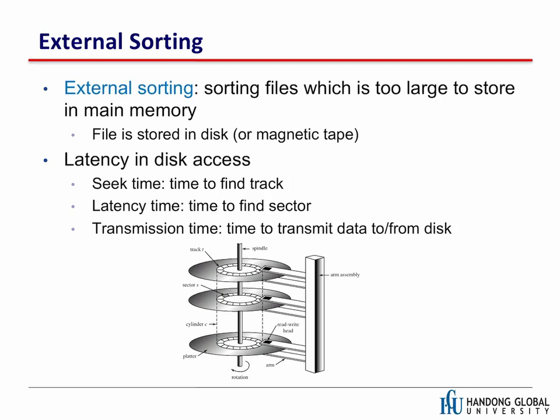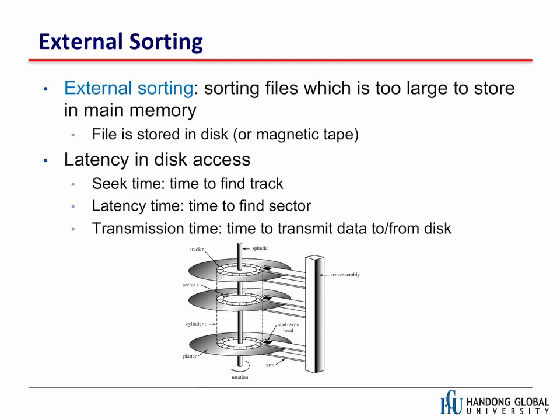It's too large. Then let's talk about the latency in disk access. When we have a hard disk, a magnetic disk, we have seek time, latency time, and transmission time. Seek time is the time to find the right track.